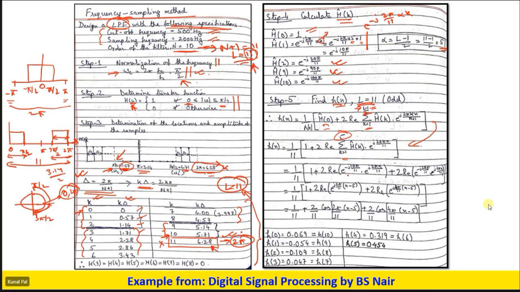For K1 we have one term, and for K2 we'll have another one. And for K3, 4, 5, we are not taking those values, right? Because those values are zeros. If you see, these values are 0, so we will not take them.